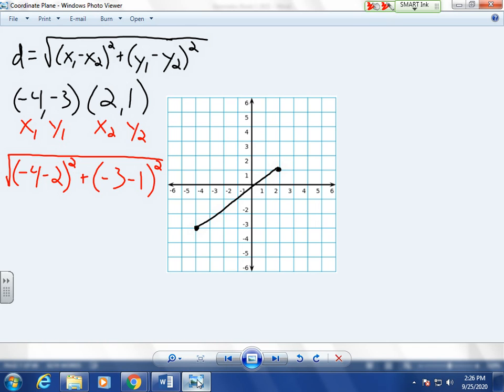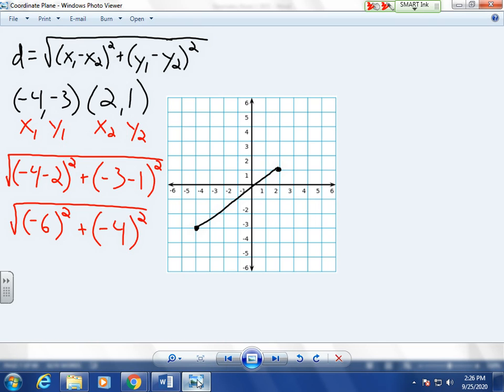Okay, so -4 minus 2 is -6 squared plus -3 minus 1 is negative 4 squared. Negative 6 squared is, negative 6 times itself is, well, it's negative 6, and that negative sign being in the parentheses with it means you're taking negative 6 times negative 6.